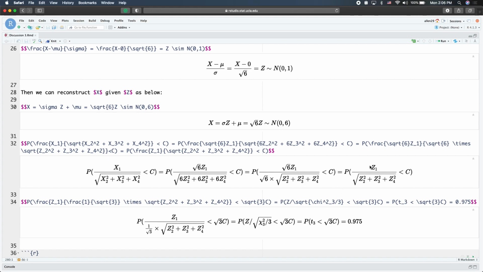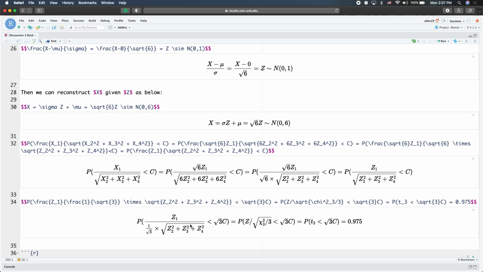Then we are left with z1 over the square root of 3 copies of standard normal squared. From here, we can multiply by square root of 3 on both sides, and also divide by 1 over square root of 3 in the denominator.